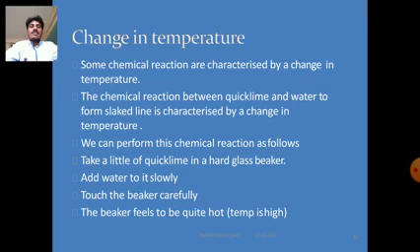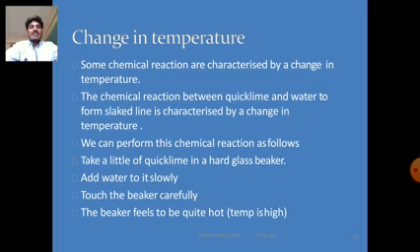The chemical reaction between quicklime and water to form slaked lime is characterized by a change in temperature. We can perform this chemical reaction as follows. Take a little quicklime in a hard glass beaker. Add water to it slowly and touch the beaker carefully. The beaker feels quite hot.